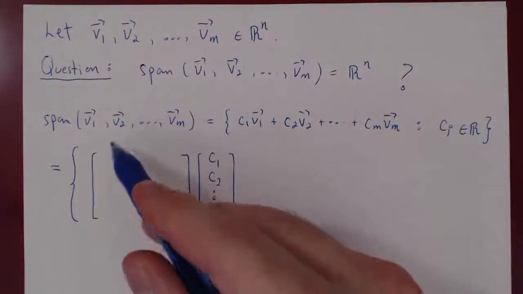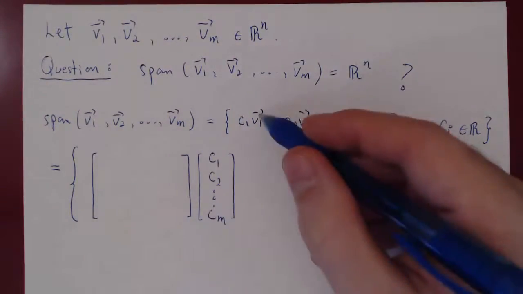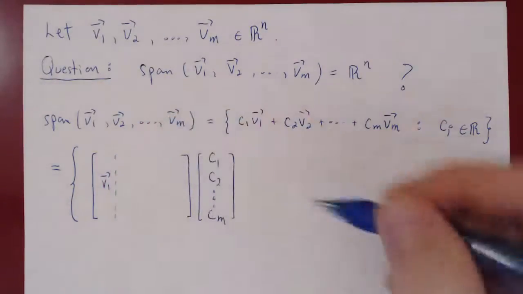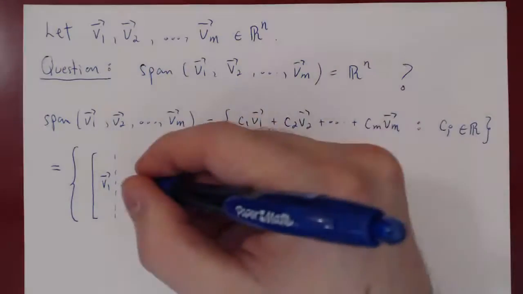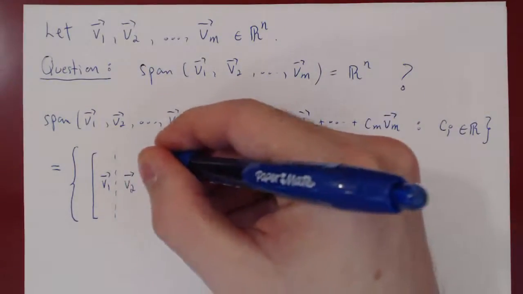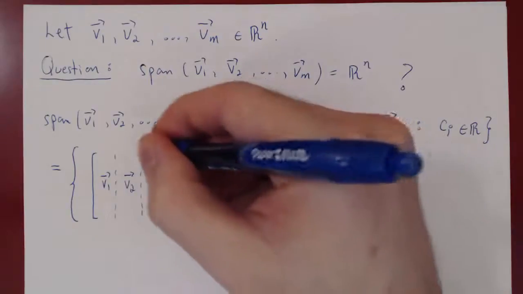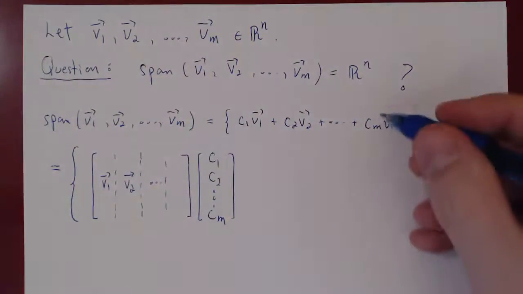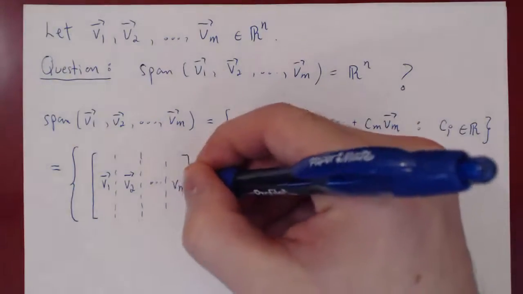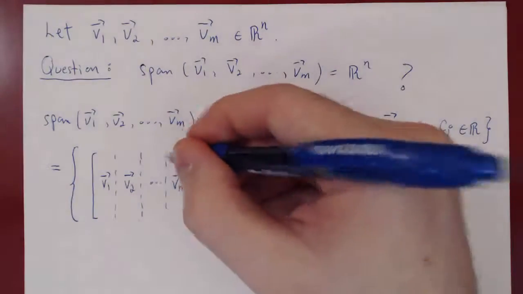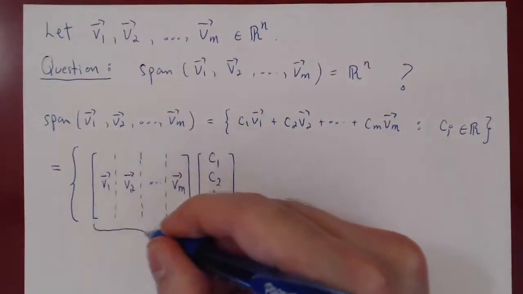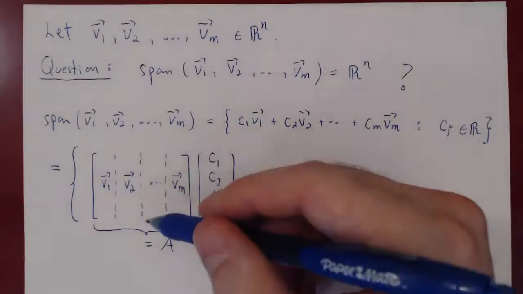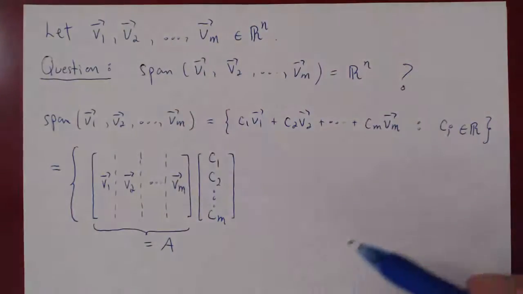And the matrix is built one column at a time, where the first column is vector v1, the second column is vector v2, up to the mth and final column, which is vector vm. Let's call this matrix A. So the matrix is built one column at a time, where the ith column is the ith vector from our list.